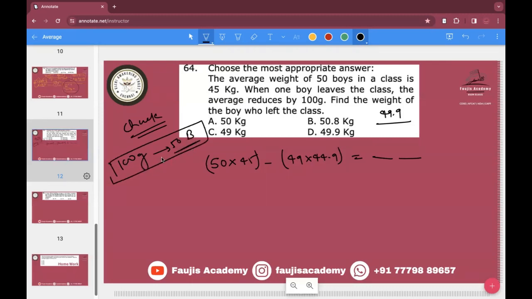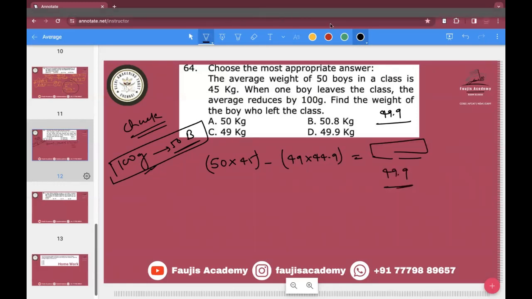For 50 boys, each of the boys, it will reduce how much? 100 grams. That means for 5 boys, 500 grams, 5 kg. Okay, so Vishnu, how much is that? Does it come out to 49.9 for you?